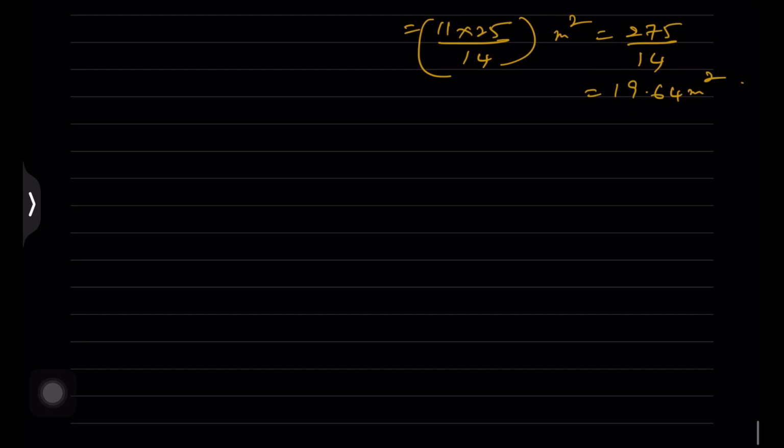So now for the second one, R2 is equal to 10 meters.